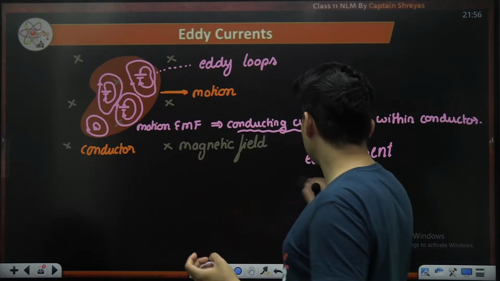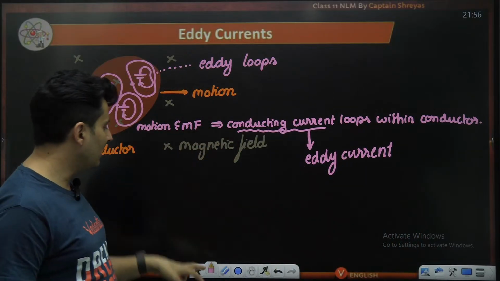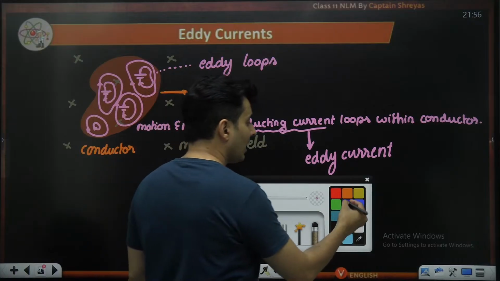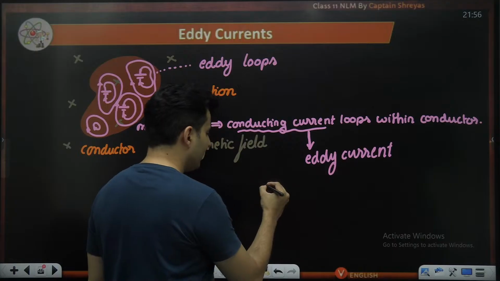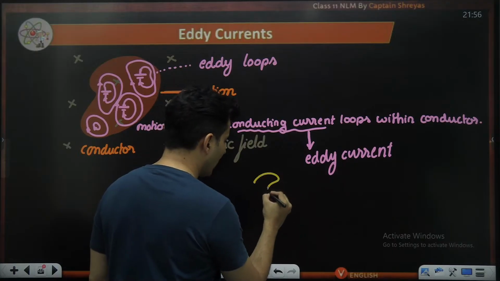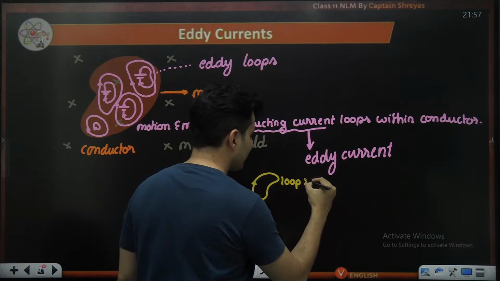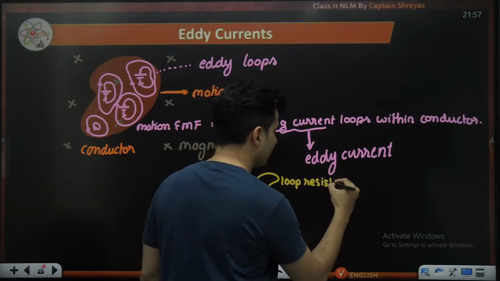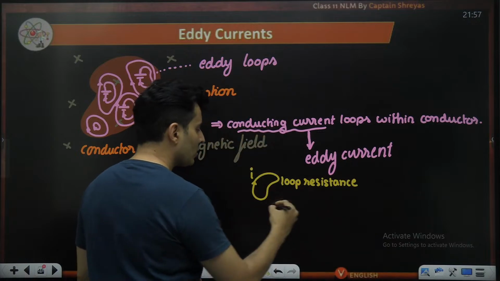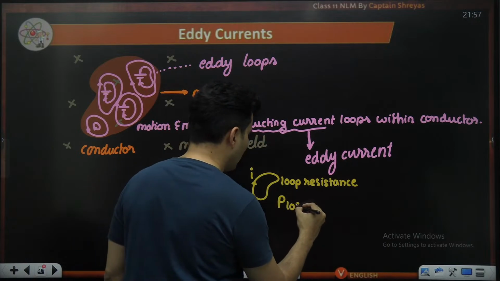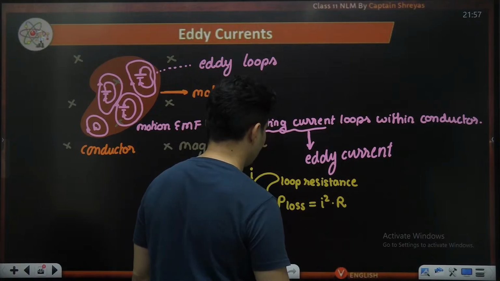Now, because of these currents, what will happen? Whenever current moves in a conductor, it produces energy loss, correct? So, whenever a current goes through any kind of loop, there will be some loop resistance and that current will be going. So there will be some power loss, which will be current squared multiplied by resistance.